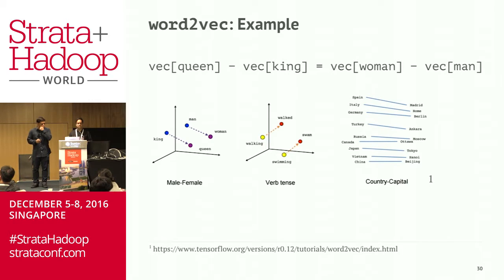The interesting thing is it almost lends itself to basic mathematical vector operations, like the word vector of queen, if you subtract king from it, is the same as the vector of woman subtracting man. Verbs are also close to each other, and there are examples where the country-capital mappings have turned out well.